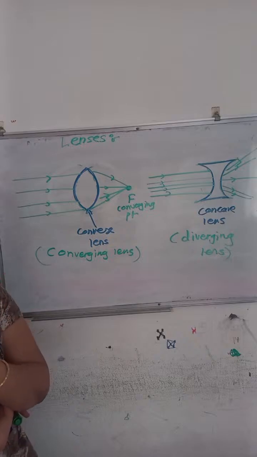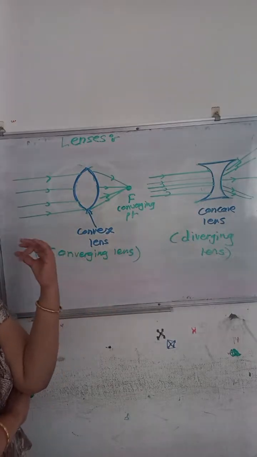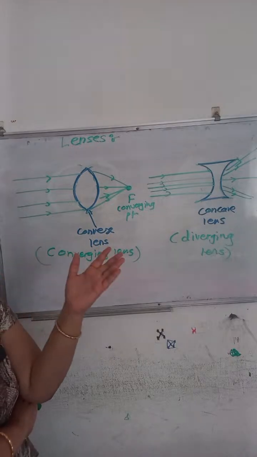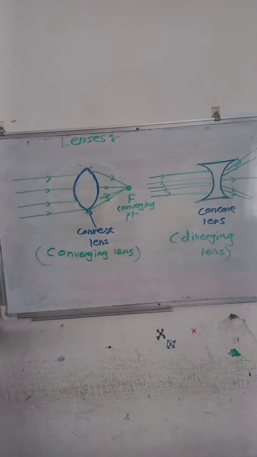In the concave lens, the incident light is not focused at one point, it gets diverted in all directions, so it is known as a diverging lens. Everyone is getting what I am teaching?